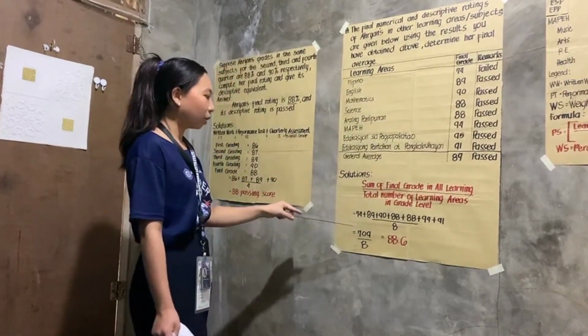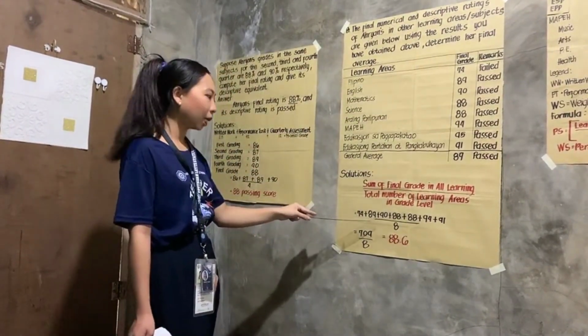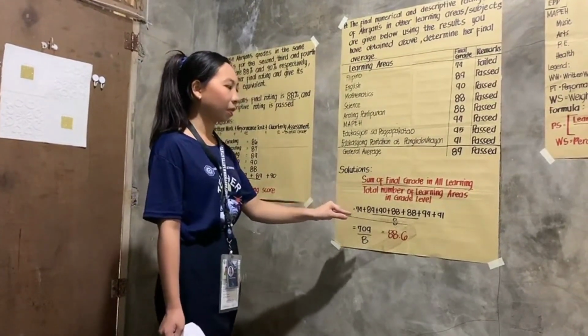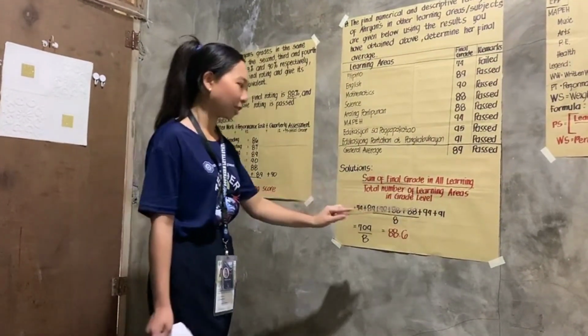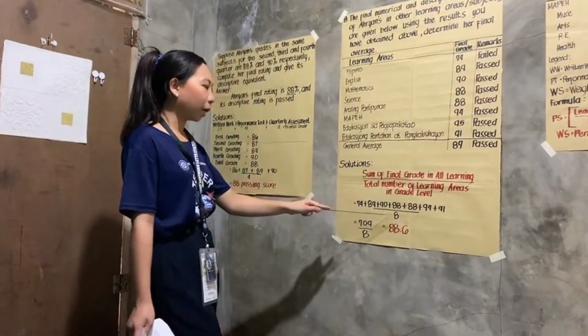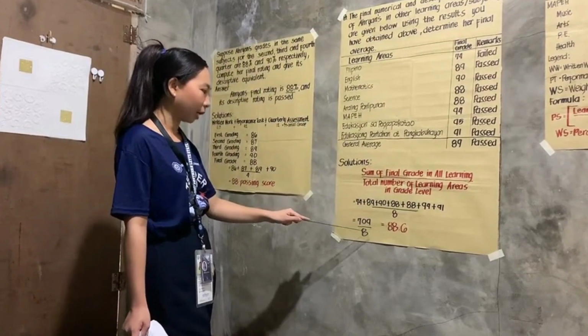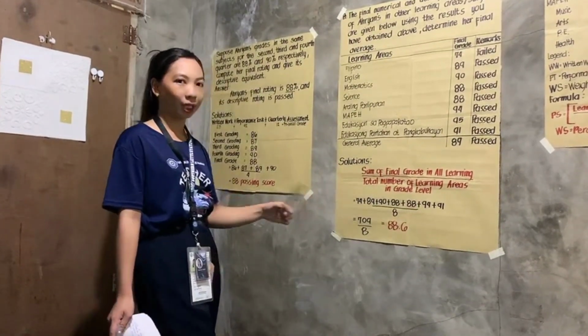So 74 plus 89 plus 90 plus 88 plus 88 plus 91 plus 94 divided by 8, that would be 709 divided by 8, that would be 88.6.